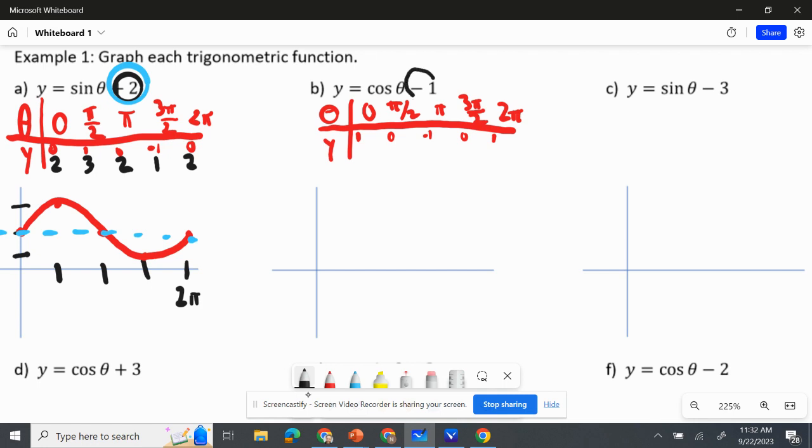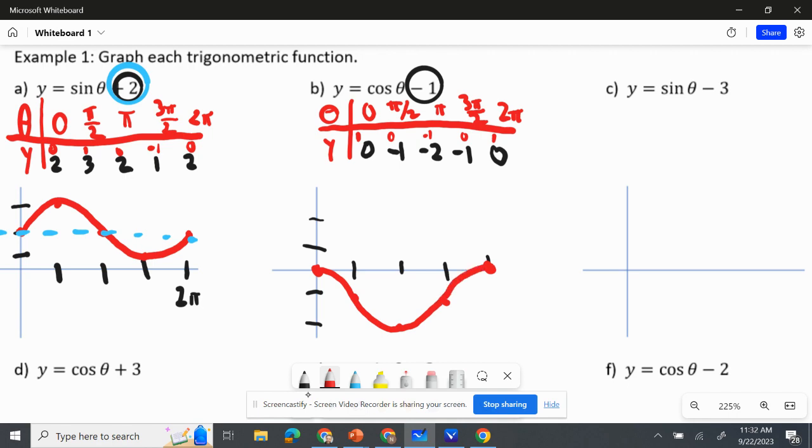This time we're subtracting 1 from each of them. 1 minus 1 is 0. 0 minus 1 is -1, -2, back to -1, and then we have 0. So when we're plotting this, we have 0, 0, then -1, -2, back to -1, and then 0 again. So what we have is our cosine curve.